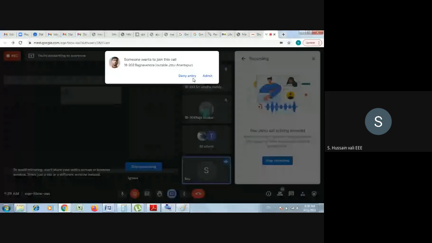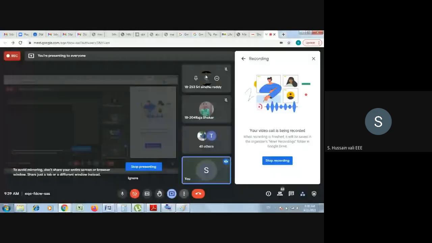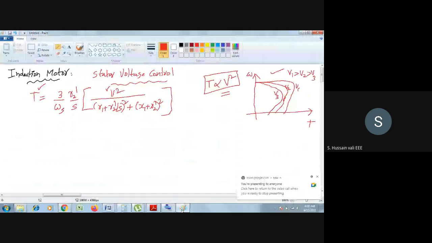As it is AC voltage, you require something which can change the AC voltage. How can you vary the stator voltage? I hope you know by this time, you might have heard this even in the power electronics course, the AC voltage controller.